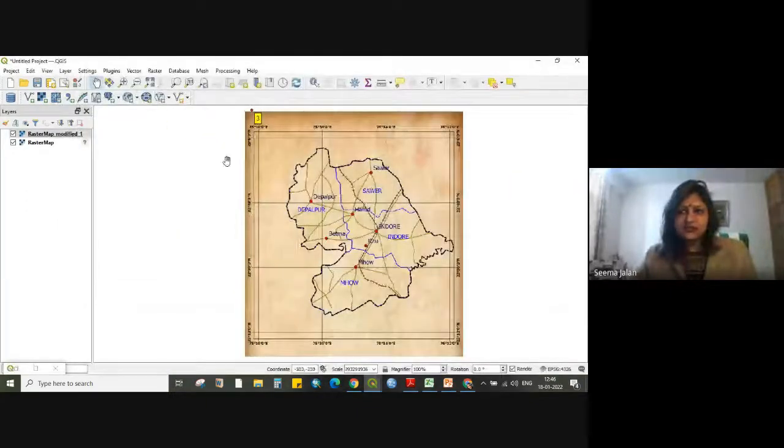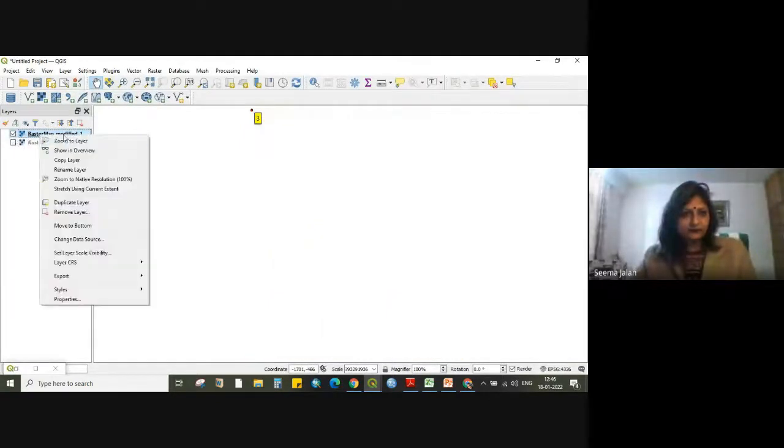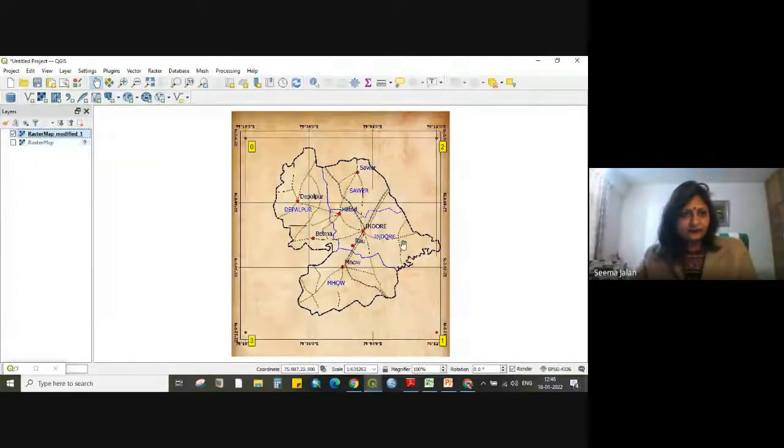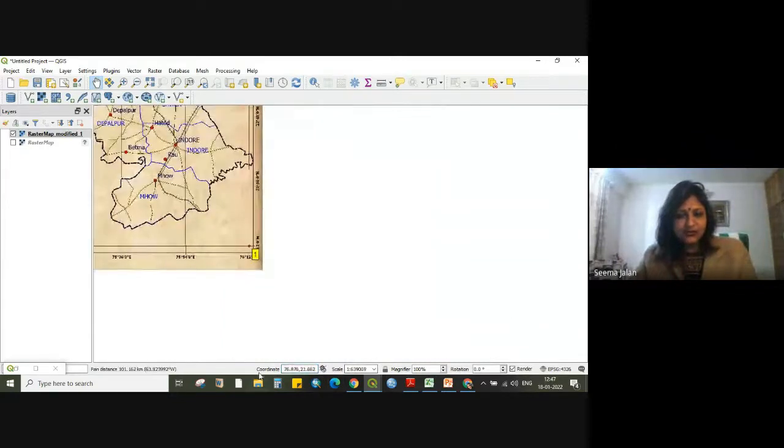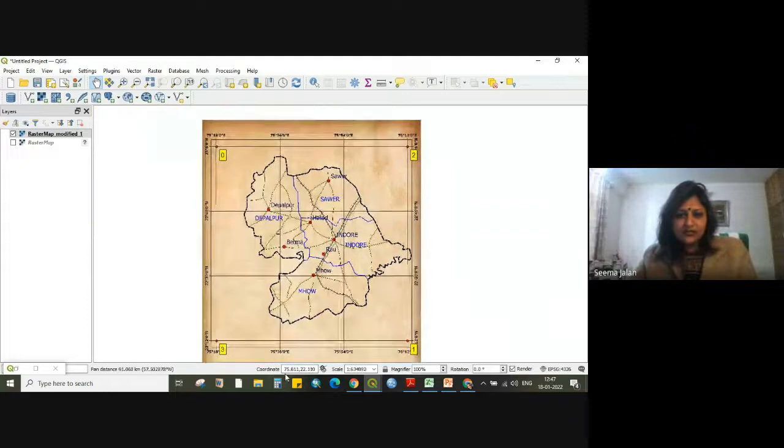Okay, I minimize this and open my georeferenced map, and now see here. Instead of image coordinates, you are getting the map coordinates in latitude, longitude, degree decimal.